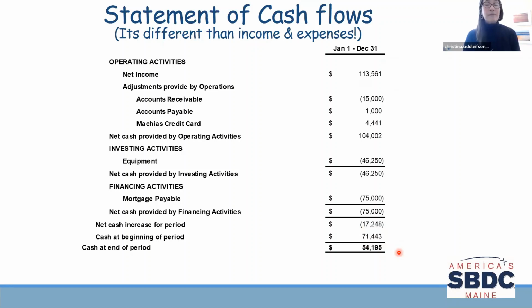And the income statement is not what's going to help you figure that out. So especially in a stressful time right now for small businesses, cash flow is really important. People use the term cash is king, and that's for a reason. It's because if you run out of it, you're kind of in trouble.